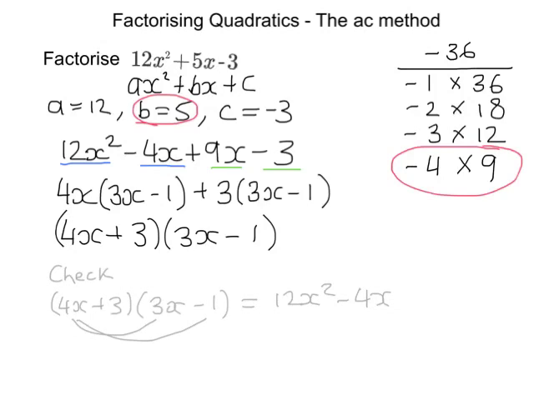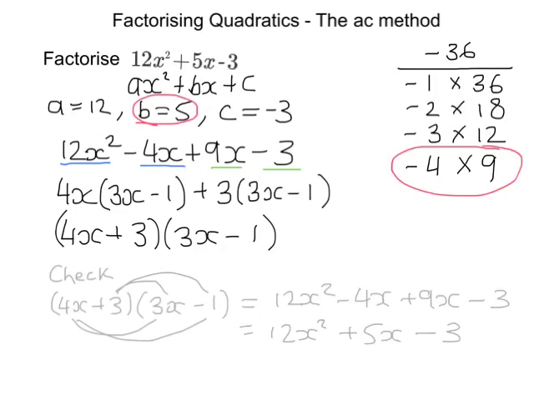And then we're going to do 3 times 3x, which gives us plus 9x. And finally, 3 times minus 1, which gives us minus 3. Now, combining like terms, we've got 12x squared plus 5x minus 3. So we've checked that our factorization is right.